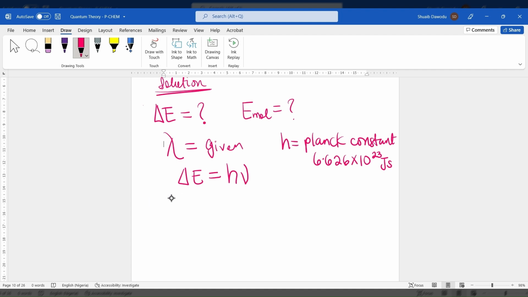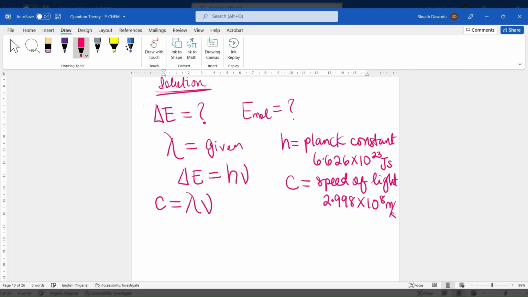From your knowledge of physics, as well as some topics in general chemistry, the formula that relates wavelength and frequency is c equals lambda times frequency, where c is the speed of light, or velocity of light, which is 2.998 times 10 raised to the power of 8 meters per second.